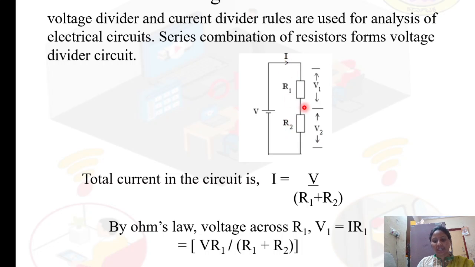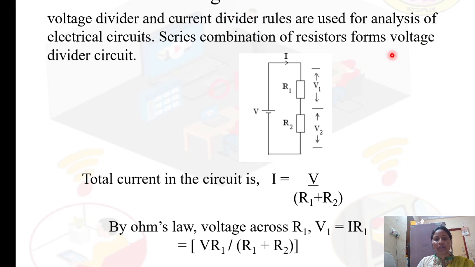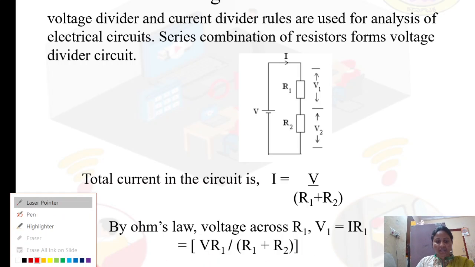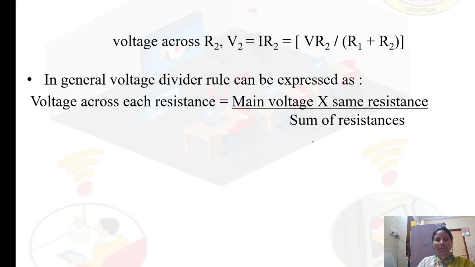By substituting I, V2 is equal to V R2 by R1 plus R2. Now, let us have a look at the expressions for V1 and V2. V1 is nothing but V into R1 by R1 plus R2, and V2 is nothing but V into R2 by R1 plus R2.